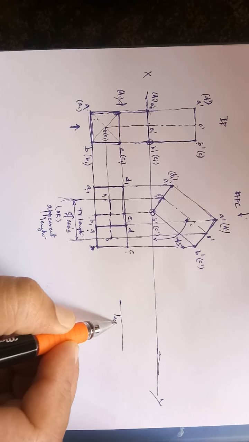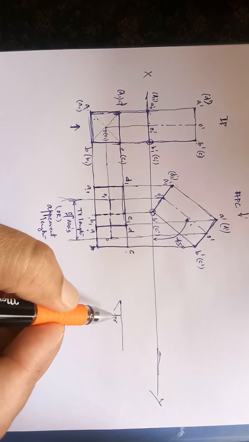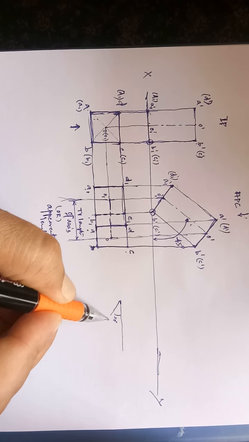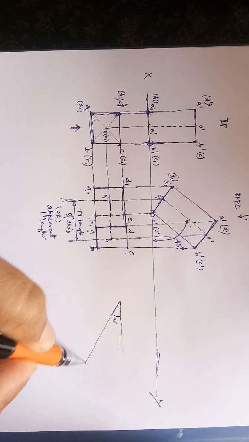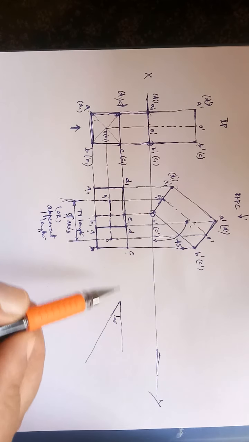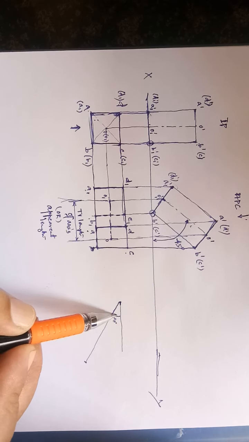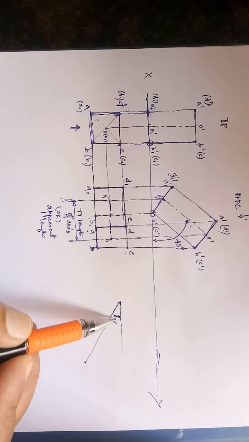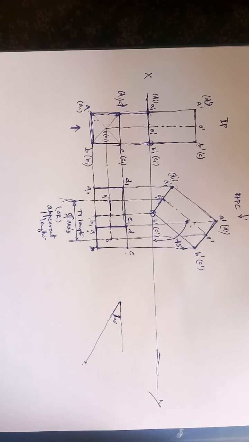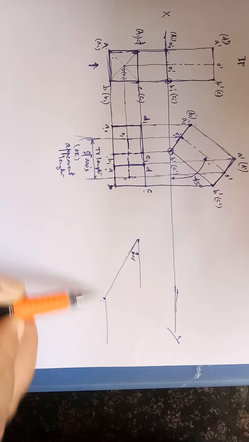So measure 30 degrees from here, take the true length of the axis as radius with this point as center, and cut the line which you have drawn at 30 degrees to the XY line or 30 degrees to the VP. It cuts here. At this point you draw the locus.